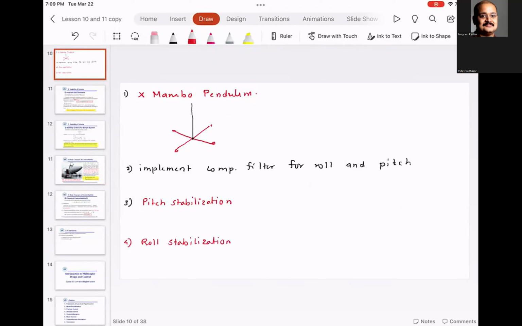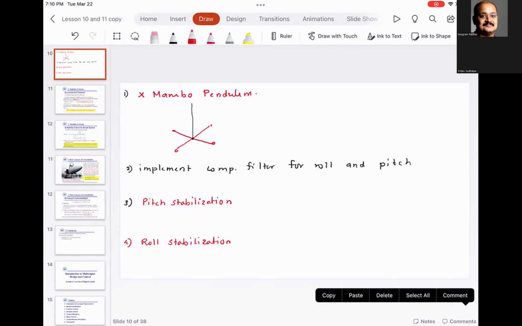What you should see is that if you have the Mambo pendulum flying, and you don't have to add the props, if you just rotate it, the motor speed should increase on the tilted side. So if it is tilted like this, these two motor speeds should increase and these two should decrease. If you tilt it up, the back two motor speeds should increase and the front two motor speeds will decrease.